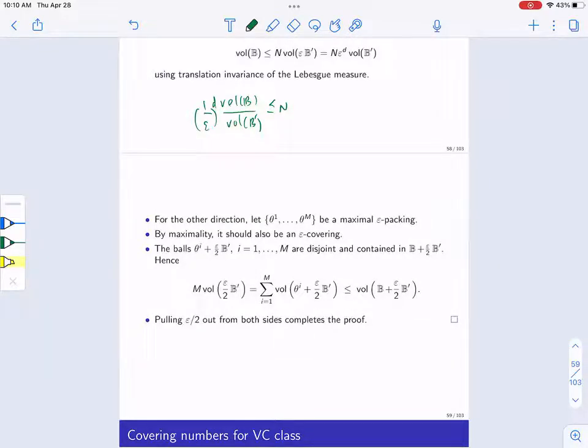If you look at the situation, if I put a ball of radius epsilon over 2, they're separated. But if I put a ball of radius epsilon, that would cover the set.